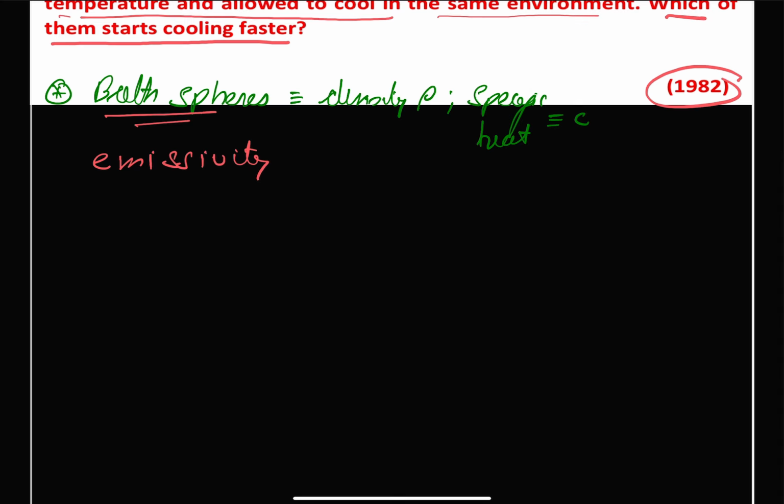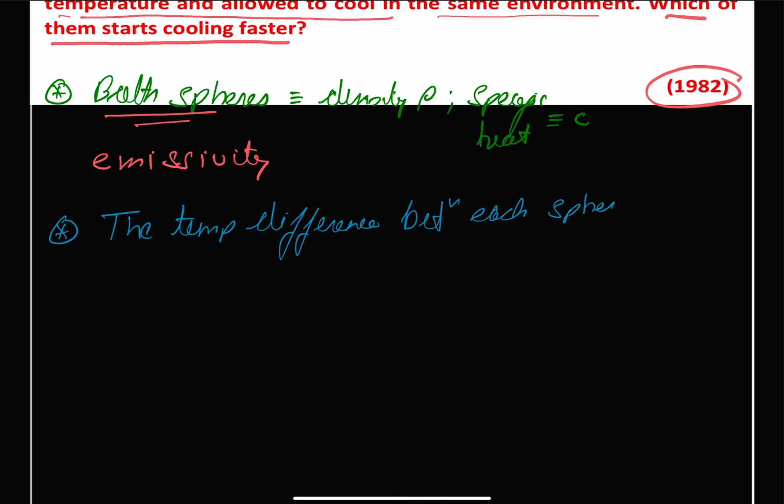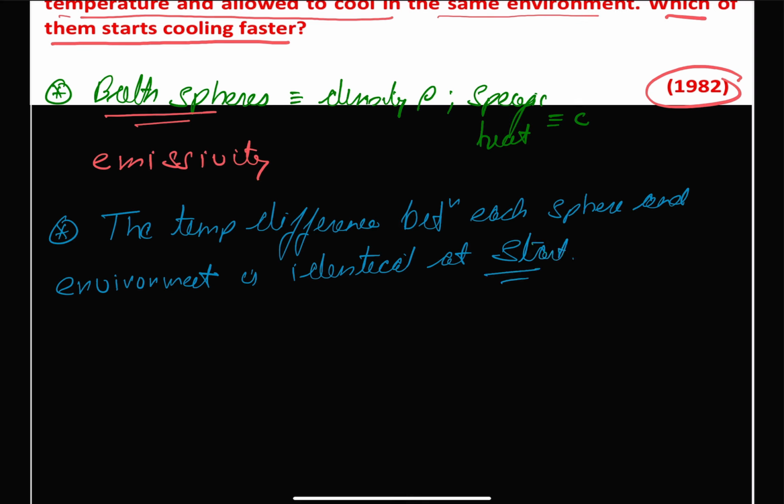So you can say that the temperature difference between the heated sphere and the environment is identical at the start. You have to remember everything will be the same at the start.